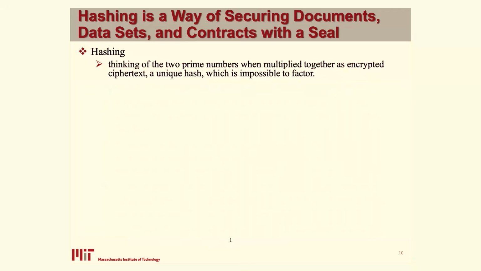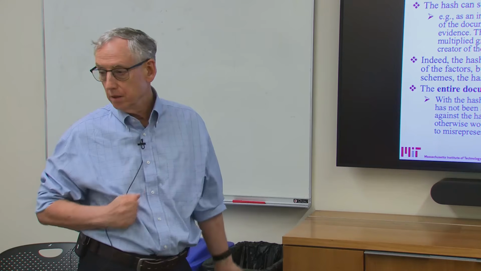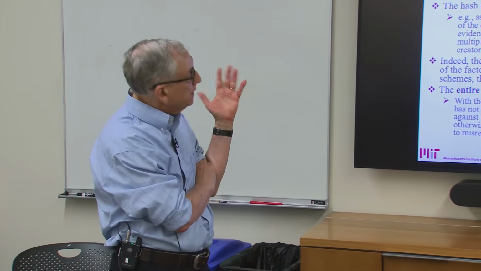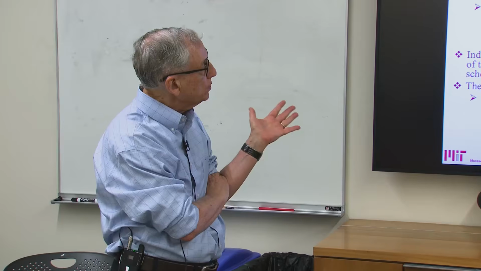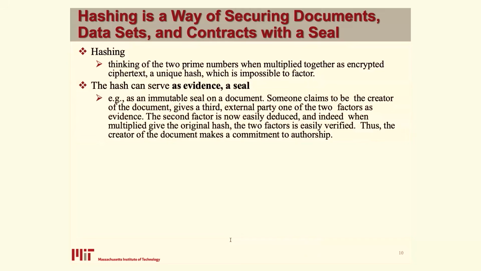And relatedly, it's like sealing something, like stamping a document. Again, by analogy with prime numbers, when they're multiplied together, it's really hard. It's the hash, and say it's impossible to factor. Then you have a document and you seal it with this product of primes.